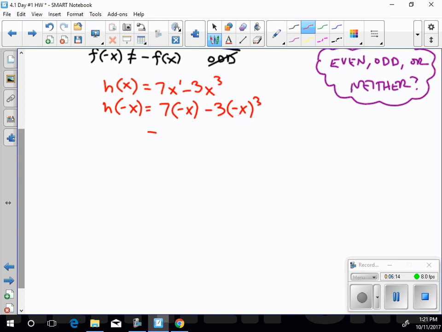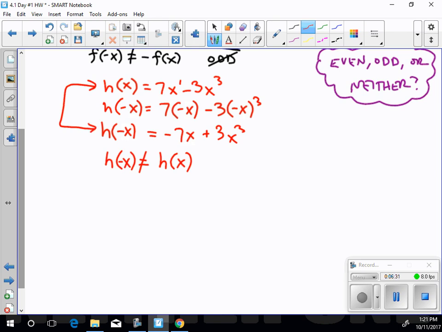Plug in my negative x. So h of negative x equals -7x, and that'll be plus 3x cubed. At this point, I know that h of negative x is not equal to h of x because those two are not equivalent. Now the next step, what am I going to do?